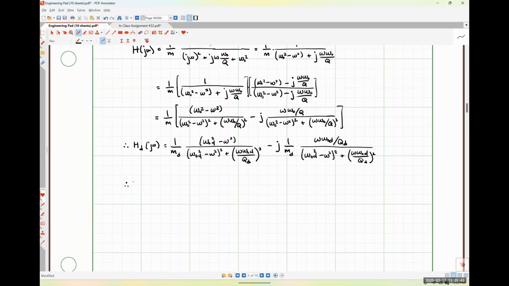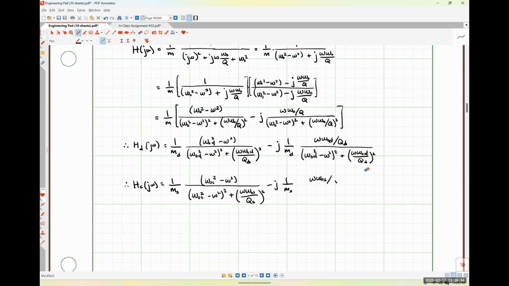And for what it's worth, I'm going to do the exact same thing for the sense mode vibrations. 1 over m_s times (omega naught s squared minus omega squared) all over (omega naught s squared minus omega squared) squared plus (omega naught s over Q_s) squared, minus j times 1 over m_s times omega naught s over Q_s.